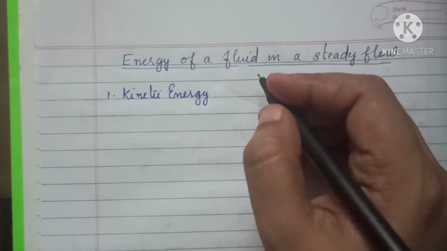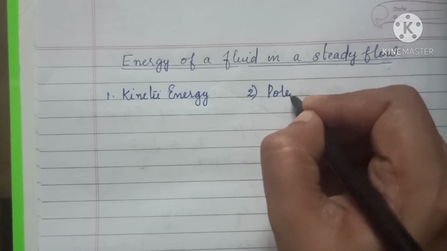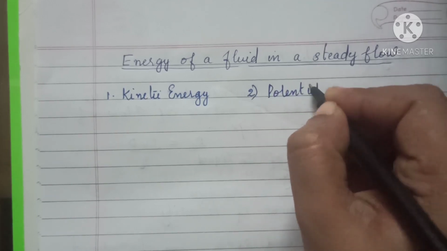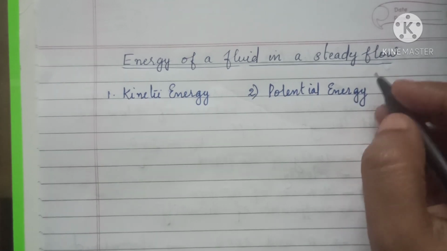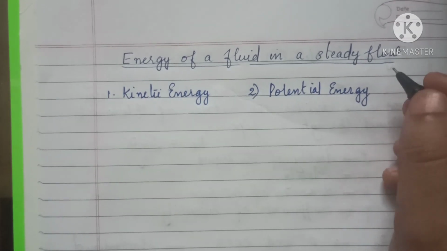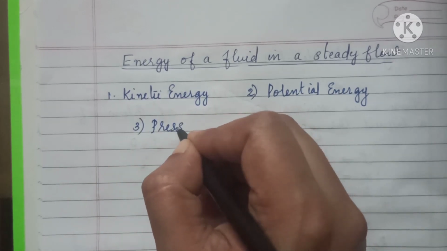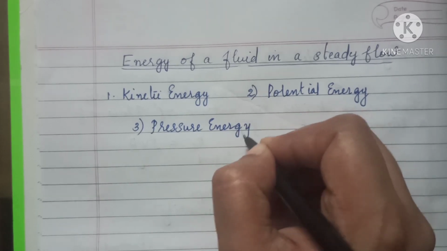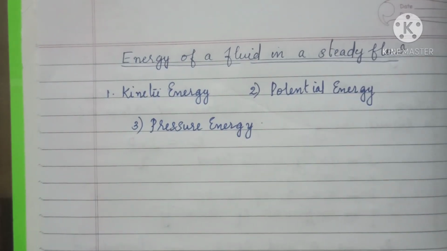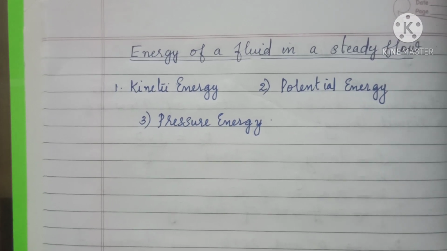Now the second one is potential energy, which is by virtue of position. And the third one is pressure energy, which is possessed by the liquid by virtue of its pressure.